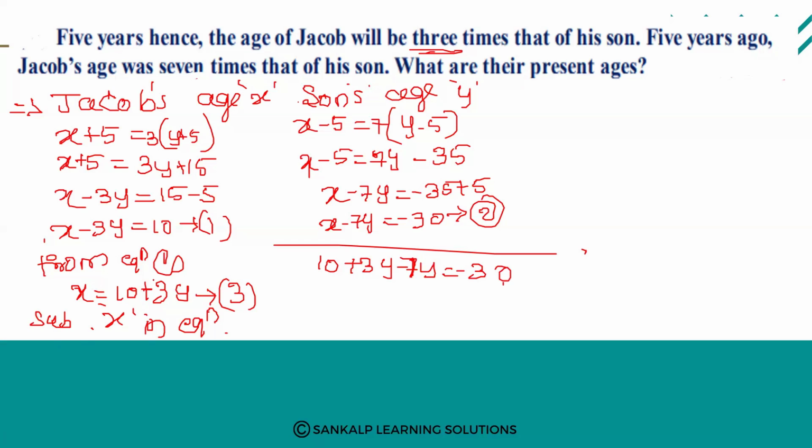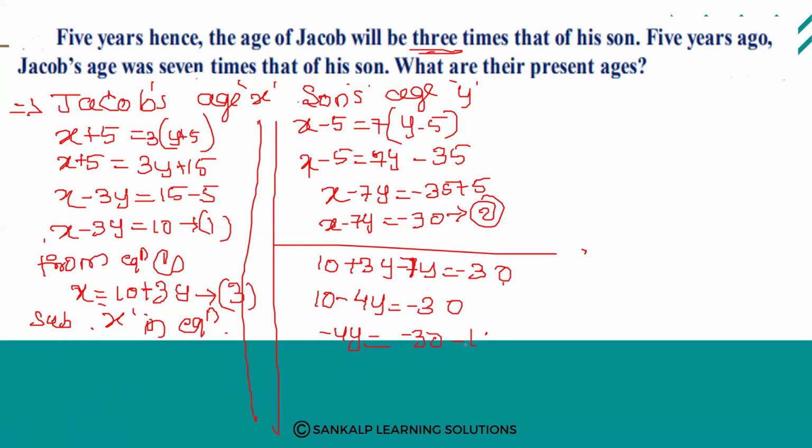Sorry, here I am doing 10 plus 3y minus 7y, which is 10 minus 4y is equal to minus 30.